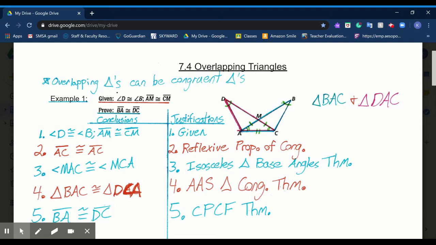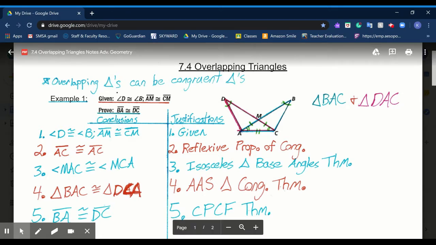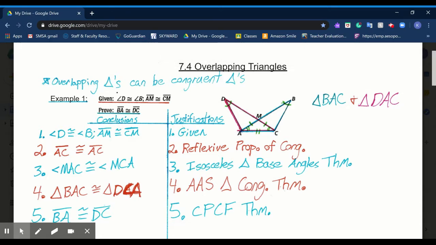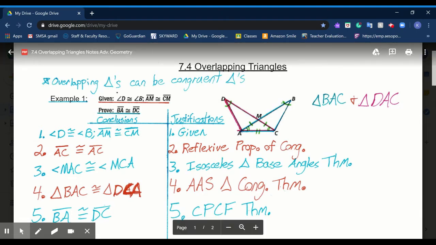So the first thing that I look at in a proof, again, is that idea of what information was given. So in this scenario, they gave us that angle D was congruent to angle B, and segment AM was congruent to segment CM. So I went in and I marked angle D congruent to angle B, and then segment AM congruent to segment CM. Then what I looked at was my final proof statement.